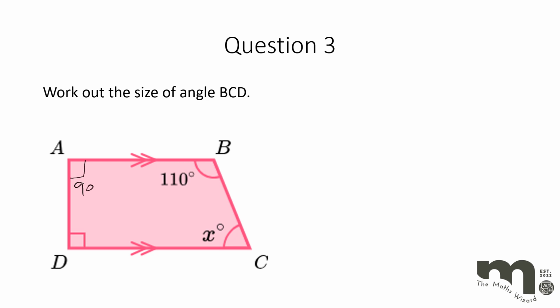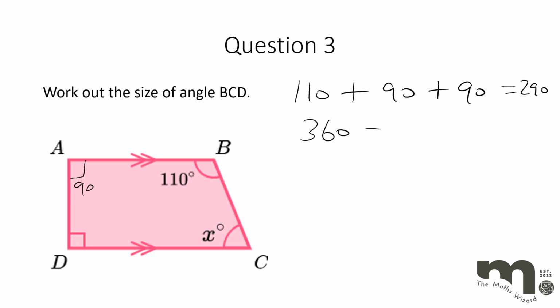We know that that's 90 as well because they're co-interior angles. If we add together what we've already got, 110 add 90 takes us to 200, add another 90 and that'll get us to 290. Then if we take 290 away from 360, we'll end up with 70 degrees. That's got to be 70 degrees.